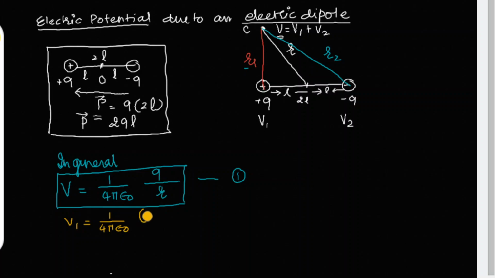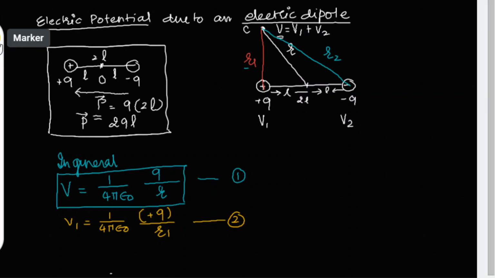And what is the distance between that positive charge and that point C? That is R1. So V1 is the potential due to the positive charge, and we can write it as 1 upon 4 pi epsilon 0 times q upon r1. Let us consider this as the second equation.